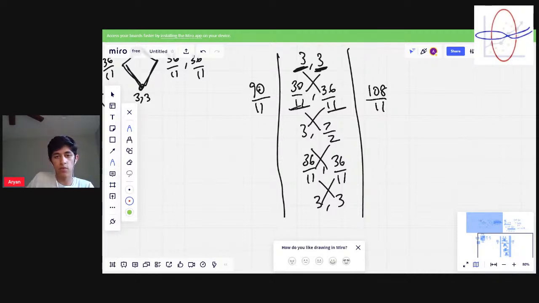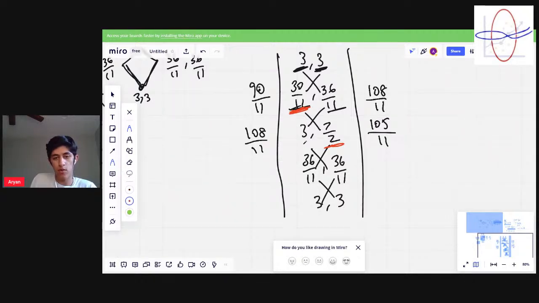Okay, so that's done. Now we work with this and this, right? 30/11 times 7/2. So that is basically 210/22, which is the same as 105/11. And then you have 3 times 36/11, that's 108/11.